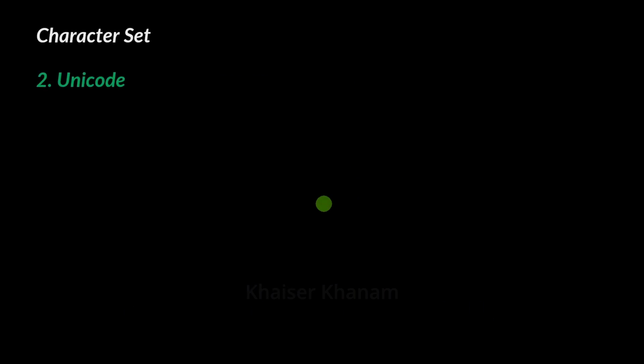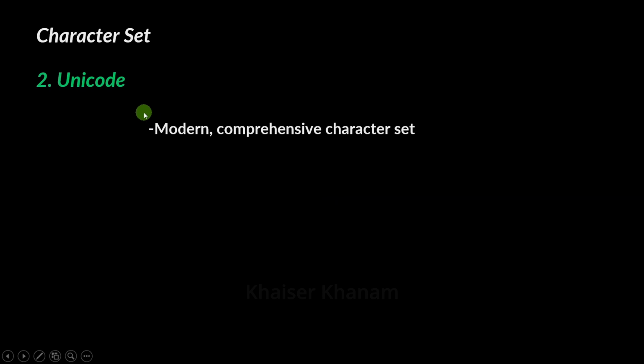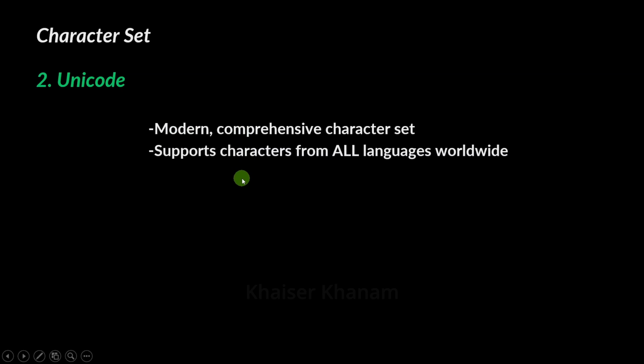Instead, you can go with Unicode, which supports a modern and comprehensive character set, with characters from all the languages, let it be Chinese or any other language. Unicode can represent over 1 million characters.